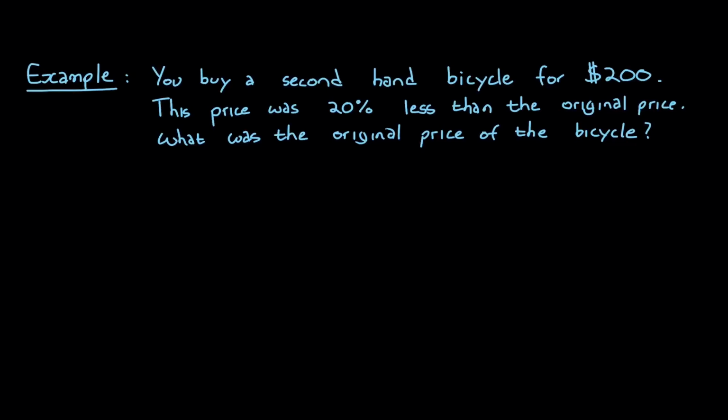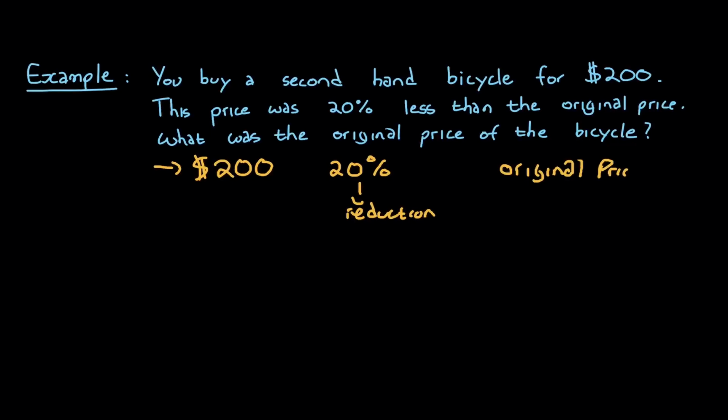We can see that the price you pay is $200, which is 20% less than the original price, so you have a reduction of 20%. The original price is what we need to find.